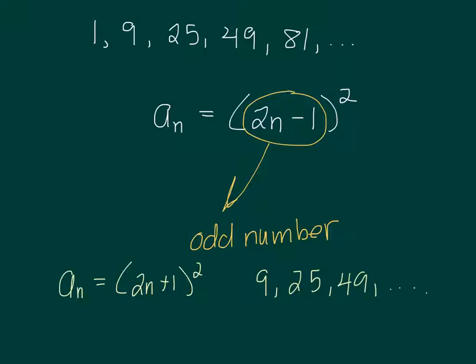It's the same exact sequence, just starting with 9 rather than starting with 1. So these formulas, 2n plus 1 squared and 2n minus 1 squared, are different. So you do have to be careful about it, but you have to remember how to write an expression for an odd number. You do that, and then you square it.